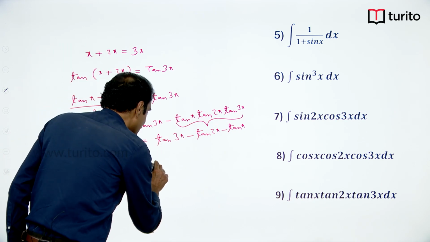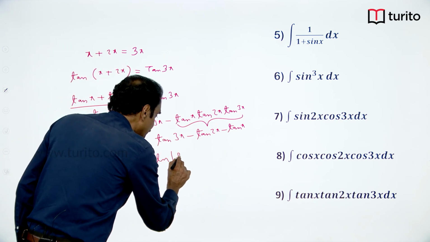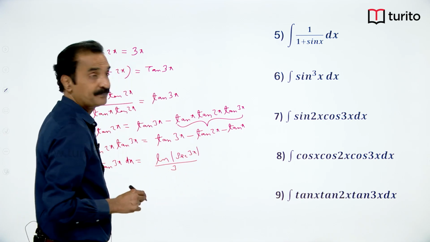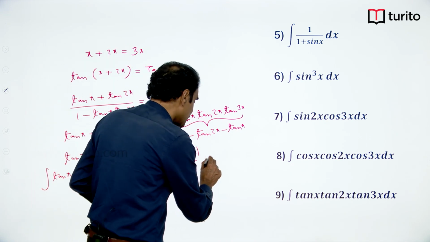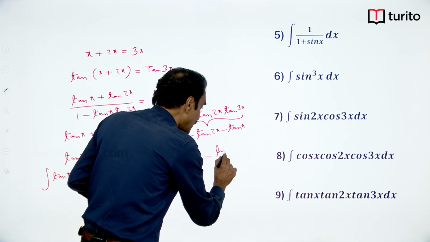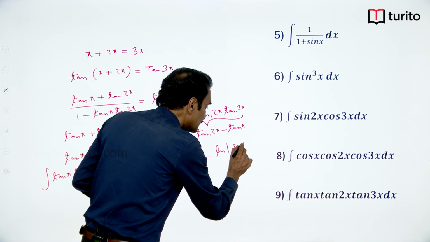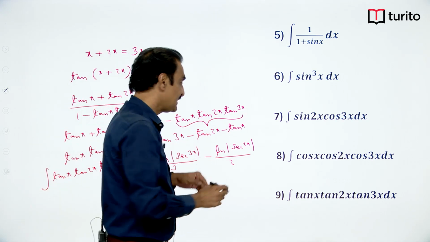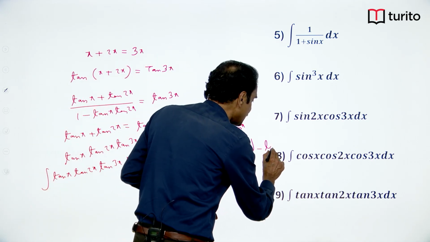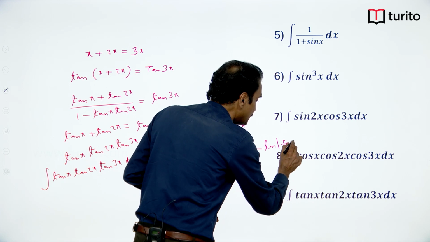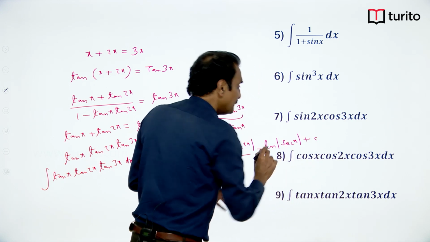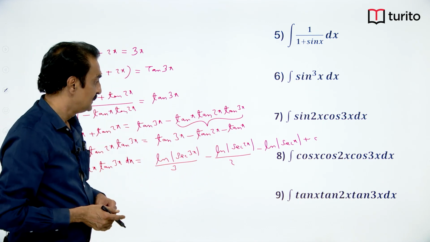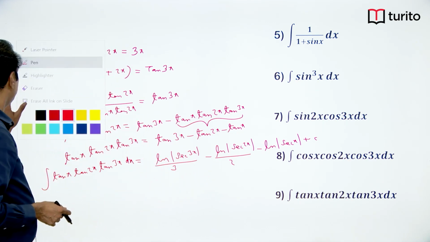Integral of tan 3x is ln mod secant 3x divided by 3. Integral of tan 2x with minus sign, ln mod secant 2x by 2, same as this. Next is minus integral of tan x is ln mod secant x plus c. It is finished.